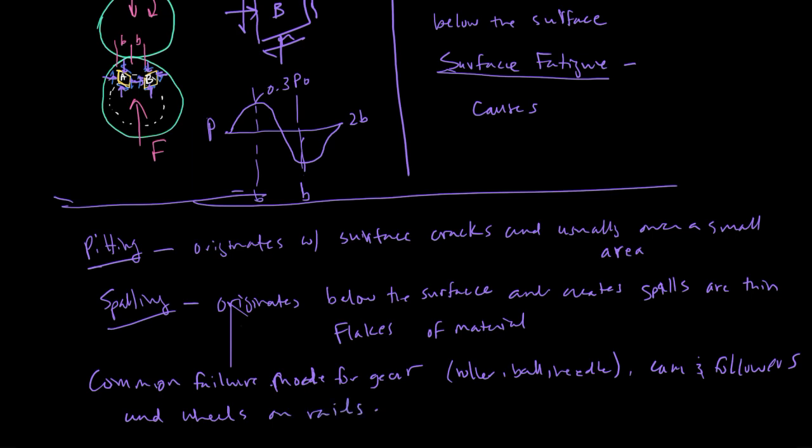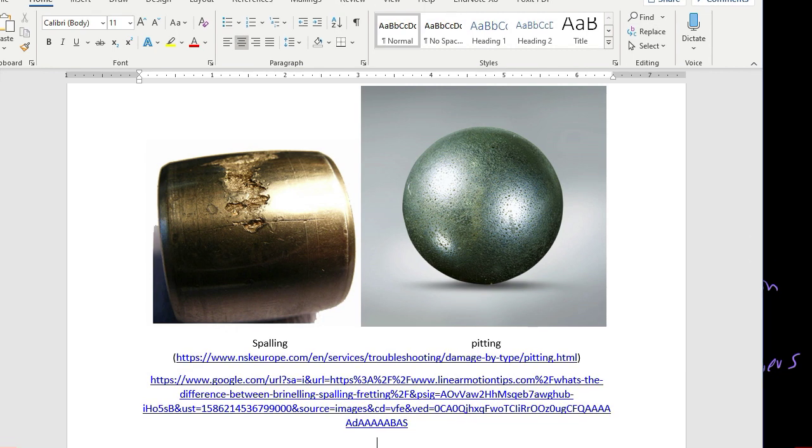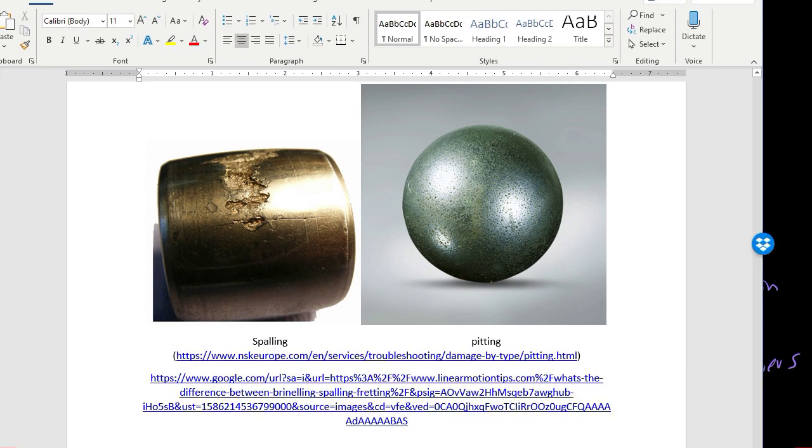Let me show you what those look like. Here's an image of what spalling looks like. That's the subsurface damage. Those stresses cause cracks underneath the surface to occur, and then the flakes of material, or the spalls, will come off. And then pitting is where we have cracks that initiate on the surface due to those high stresses and cause them to come off.